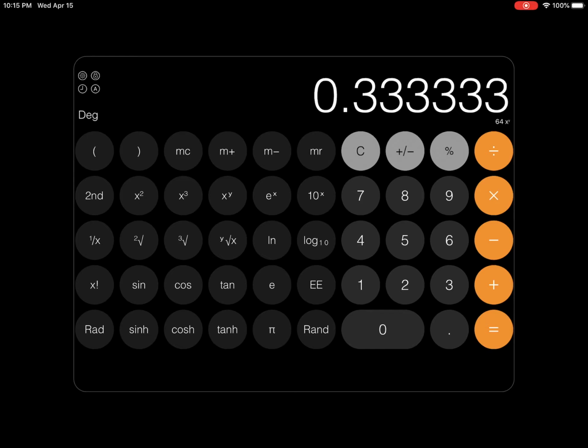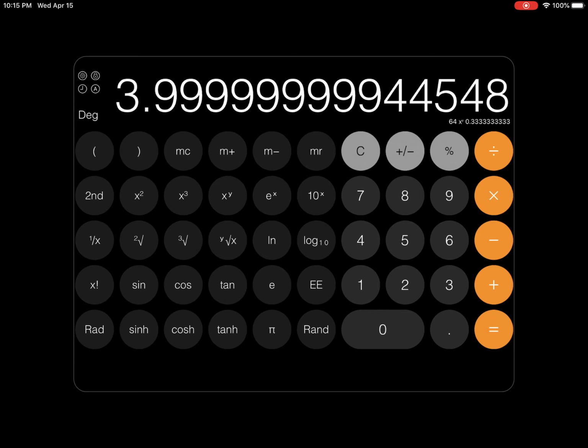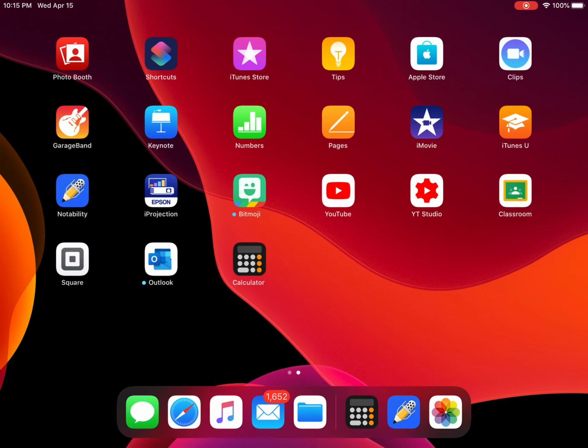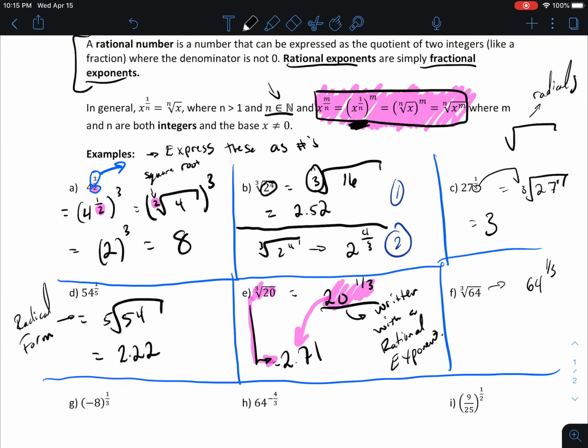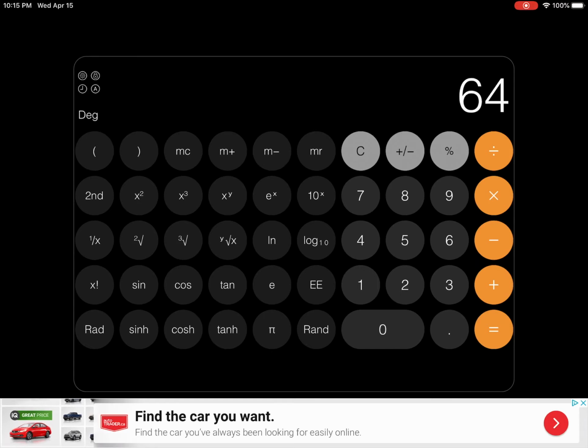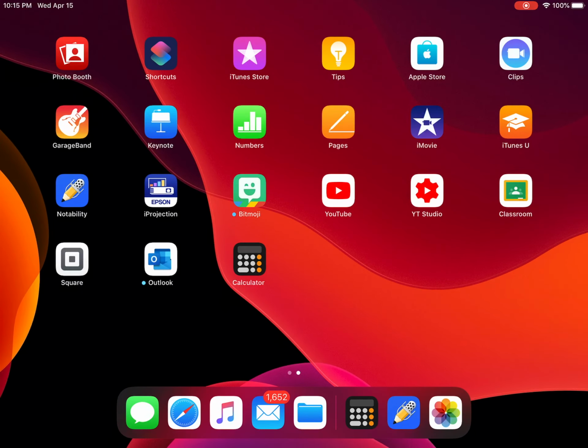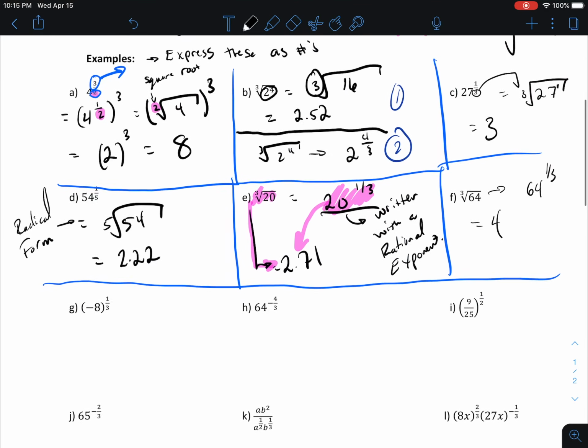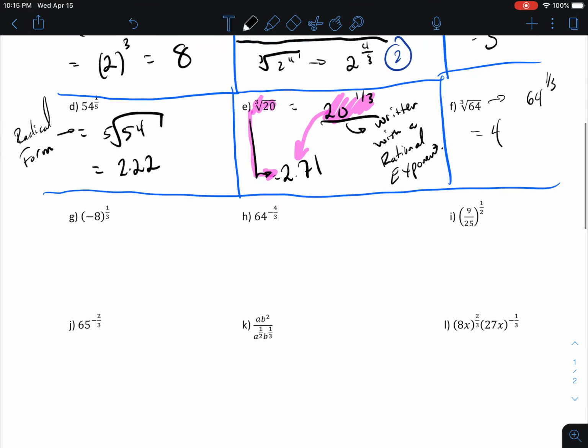We can go 64 x^y to the 0.333. Should be 3.999, right? Basically 4. And we can call that 4. So the cubed root of 64 should be 4. We can check that. If we went back to our calculator, we could go 64 cubed root, 4. That's because 4 times 4 times 4 is 64.